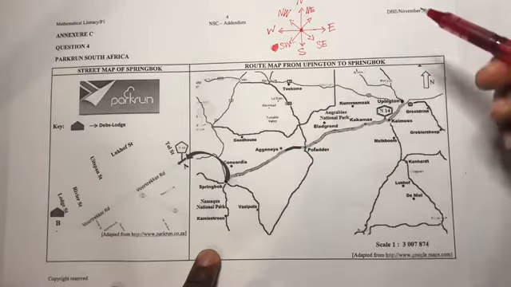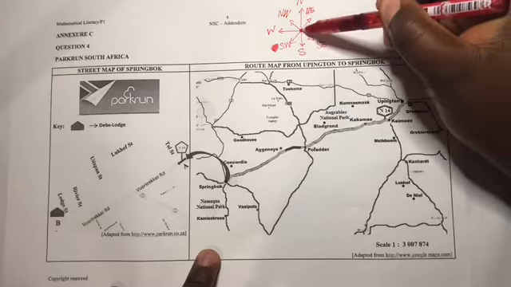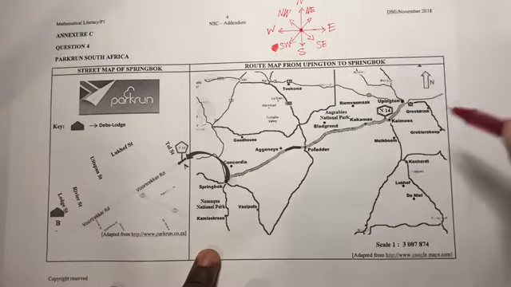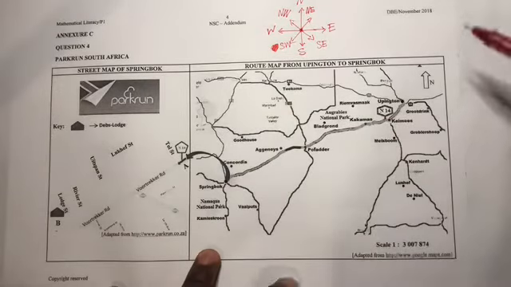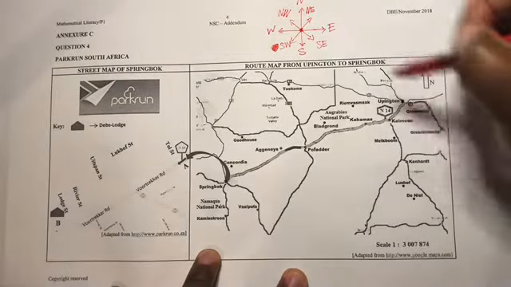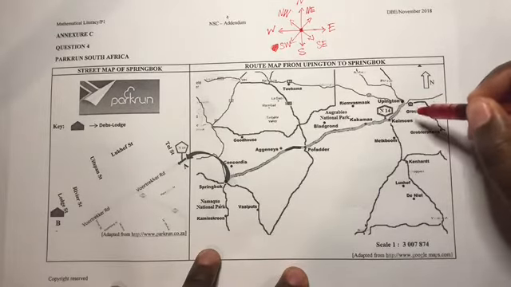Let's see. Along this route, if we were to use a compass to determine the direction in which the route goes, the first thing you need to know is from which point.